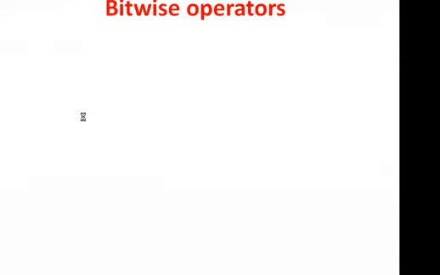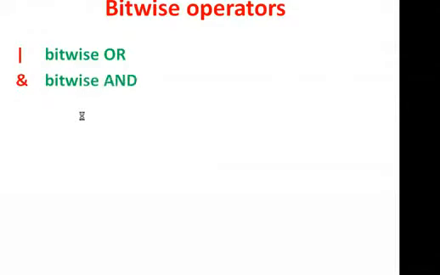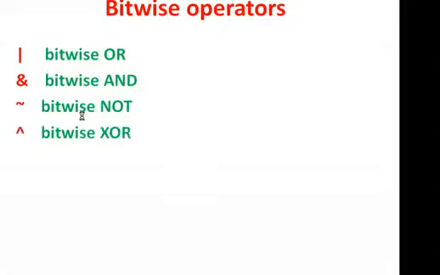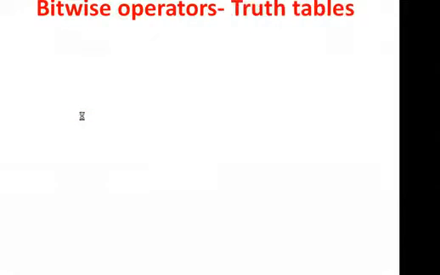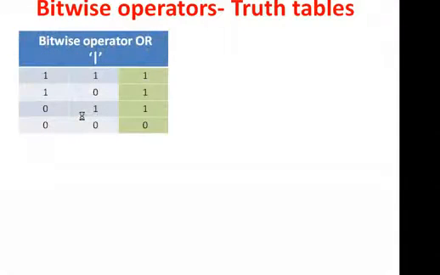Coming to the bitwise operators, you can find bitwise OR, bitwise AND, bitwise NOT, and bitwise exclusive OR. Let us see the truth tables of these bitwise operators. When you see the bitwise operator OR, you can find that if any one of these bits is 1, then the result is going to be 1.